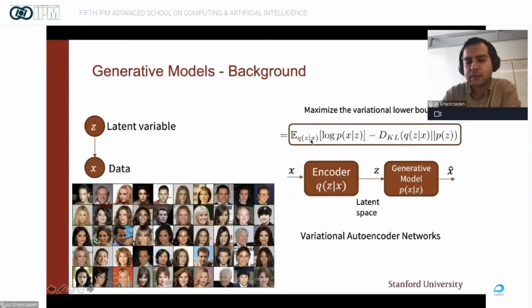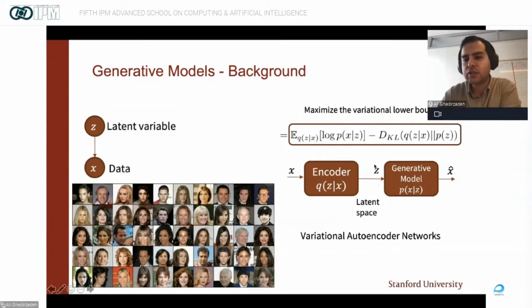That's taken care of by the second term, the encoder term, the Q here. That's the one that encodes our data into a latent distribution. And then we have a generative model, which, given a value of Z, will try to restore the input at the output again.